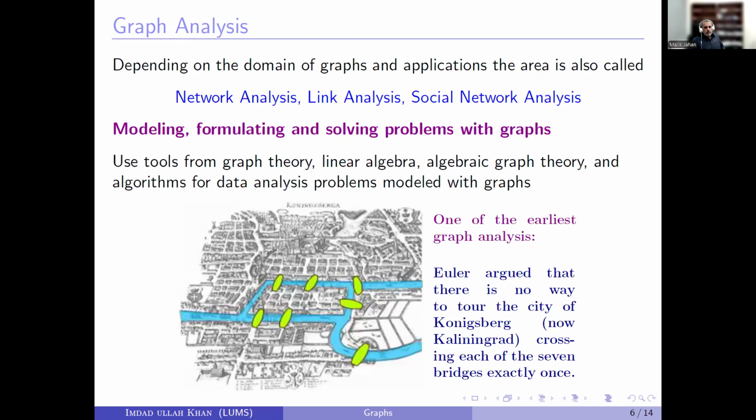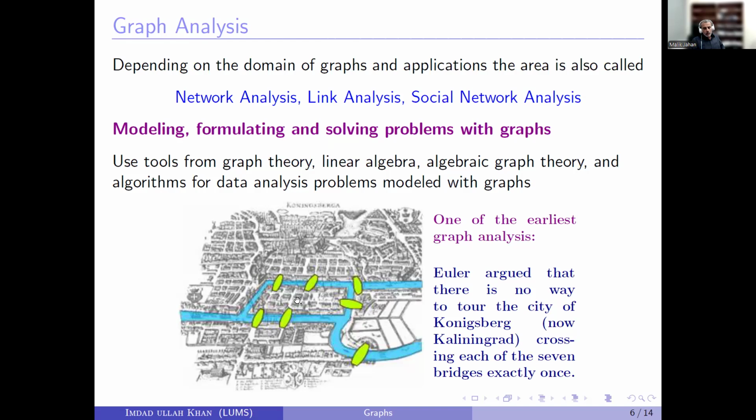Graphs have a large number of applications in real life. For example, you can see some names like network analysis, link analysis, and social network analysis. These are common interchangeable terms which people use. Different applications are modeled as graphs at the back end, and then we apply graph theoretic principles to solve those problems.